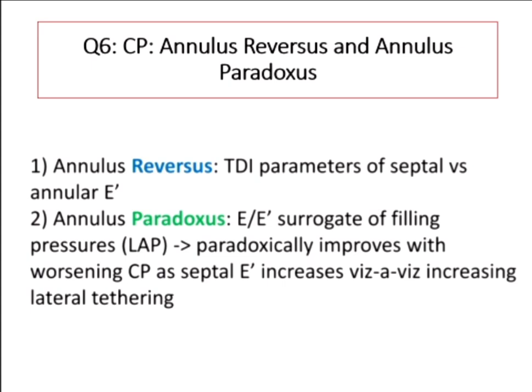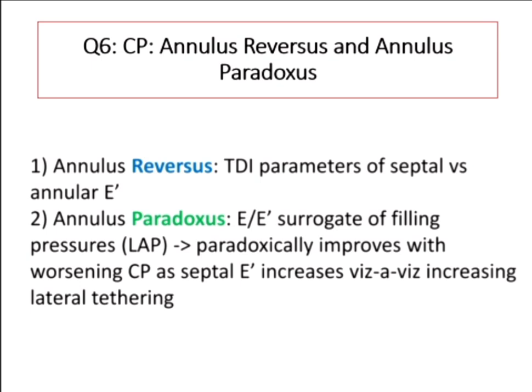This is something which is a real favorite of all our examiners in cardiology. As I was saying, Dr. Bagheera, JVP is the graveyard of cardiology. So this is annulus reversus and annulus paradoxus. Annulus reversus: when you have a normal heart, your lateral E prime tissue velocity is a lot more than the medial.